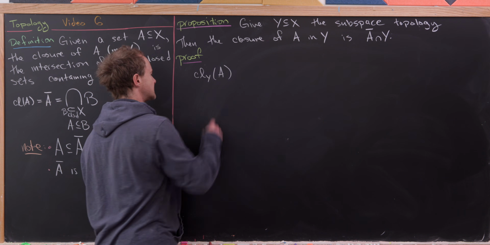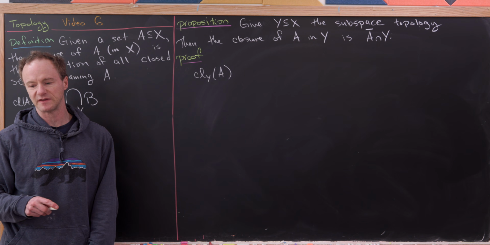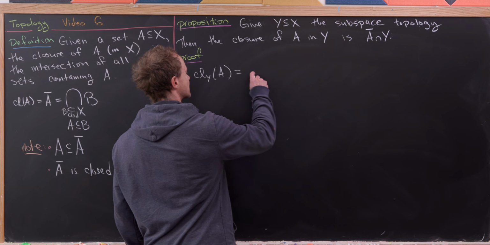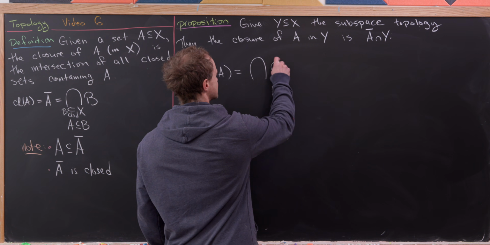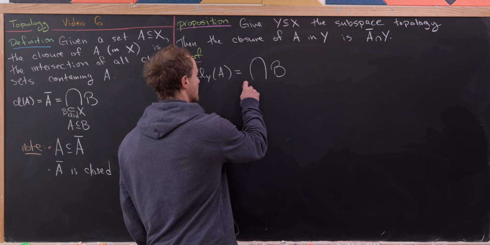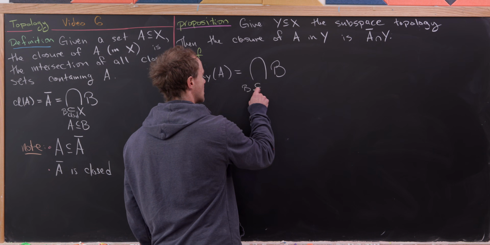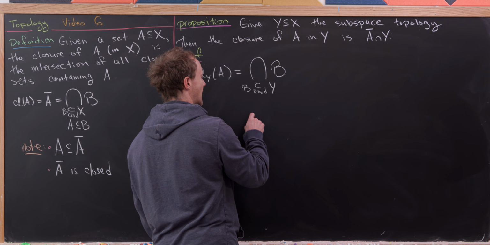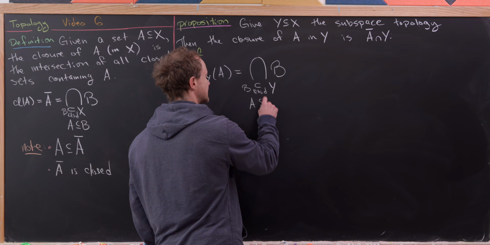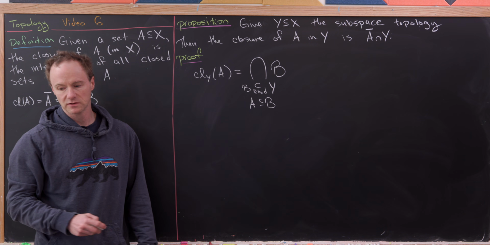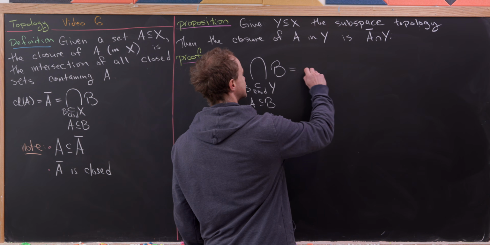Let's denote CL sub Y of A to be the closure of A in Y. Observe, I can write it like this. It's going to be the intersection over all B, where B is closed in Y, and B contains A. But now let's observe that we can replace that a little bit.